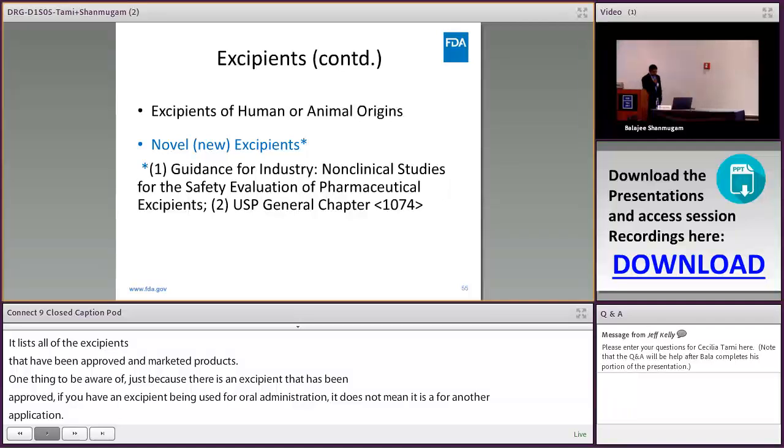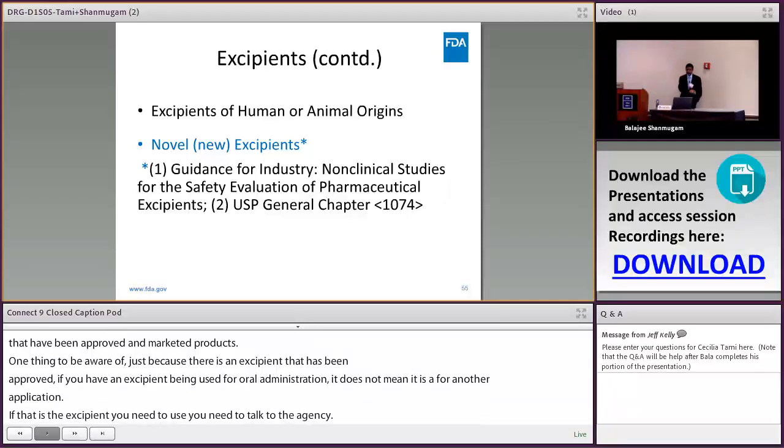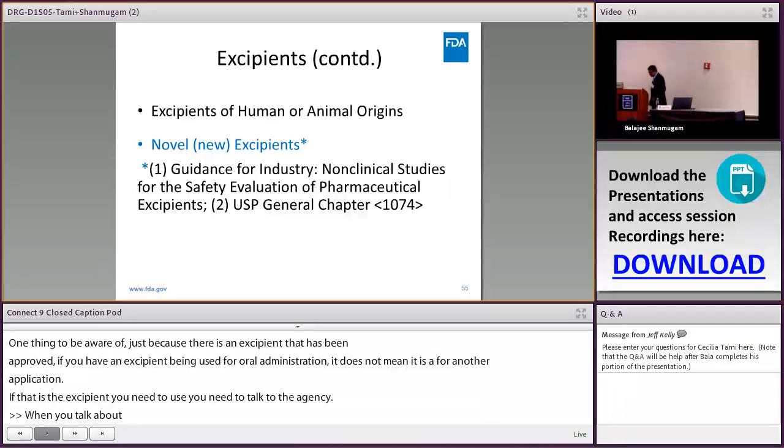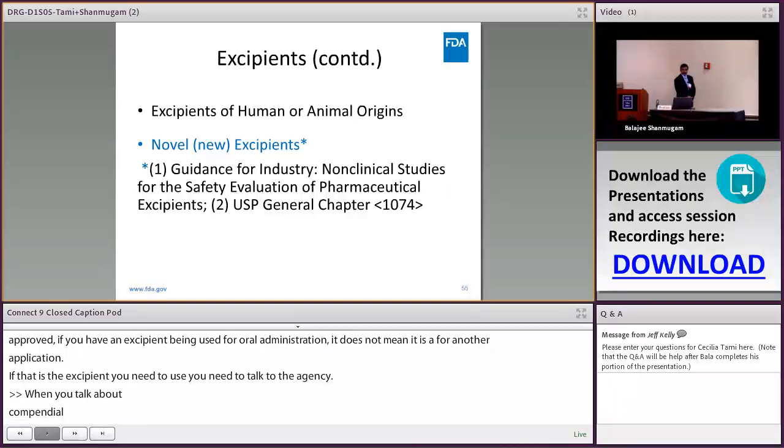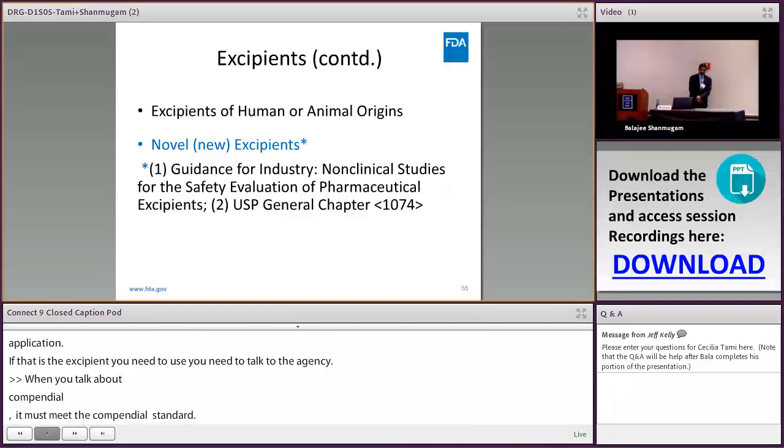When you talk about compendial excipients, that's a safe route where we have a compendial reference. It implies that it complies with the compendial standard. Now, when you talk about novel excipients, these are excipients that have never been permitted to be used in a study. So this would require a substantial amount of data, especially from a safety point of view.